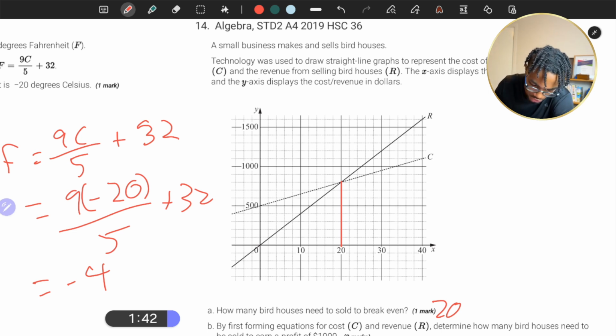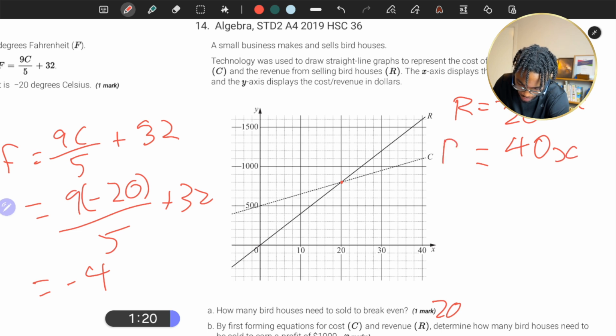By first forming equations for cost C and revenue R, determine how many birdhouses need to be sold to earn a profit of $1,900. So first forming equations from the graph, revenue is going to equal, again rise over run, 800 over 20 to find the gradient, so 40x, with no y-intercept.